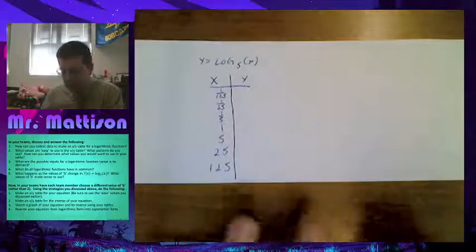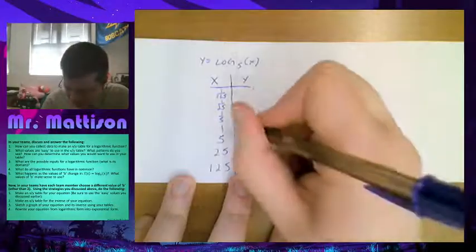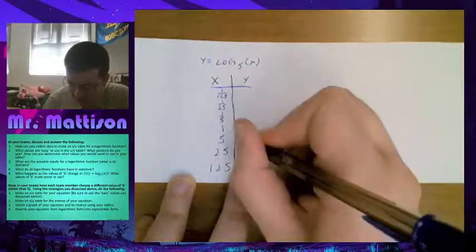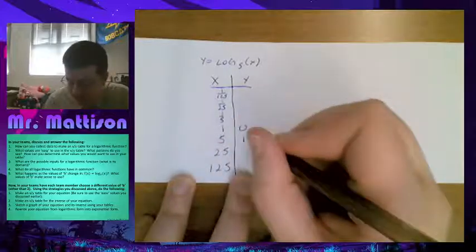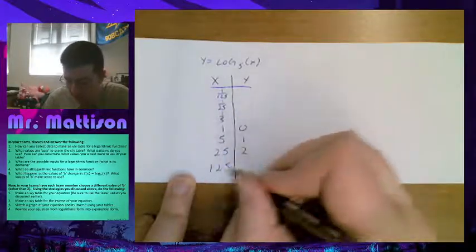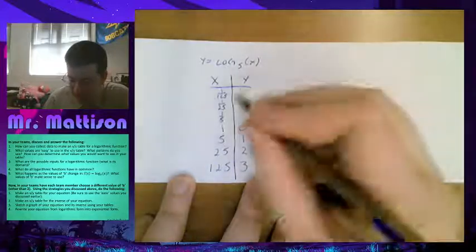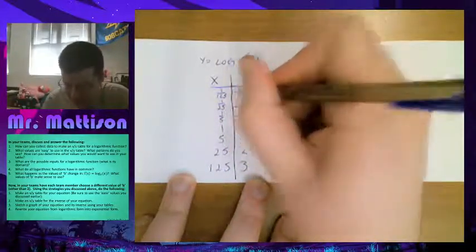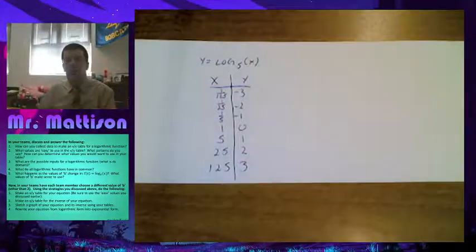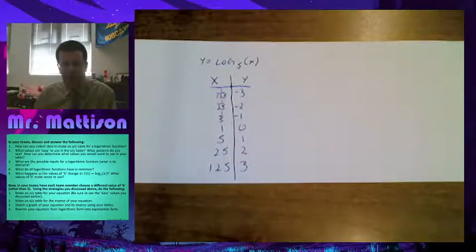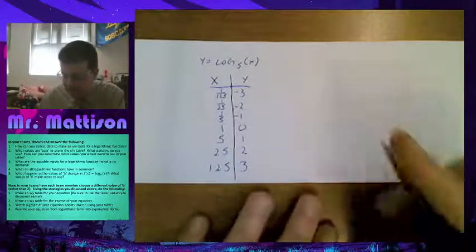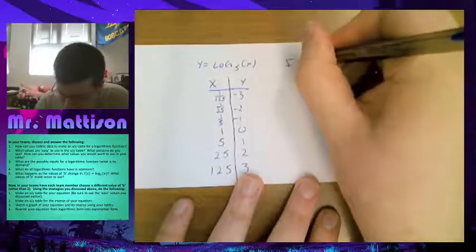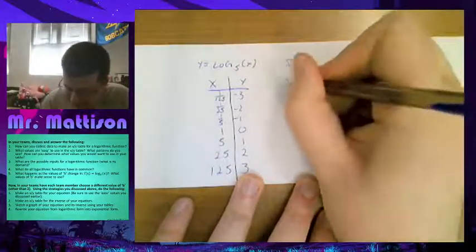Now the y's which correspond, well, I get 1 from taking 5 to the 0 power. You get 5 from 5 to the first power, 25 from 5 to the second power, 125 from 5 to the third power. And I get these fractions by just the negative powers of those same things. So that would be my table for log base 5 of x. And I could plot all of those and see what it looks like. So now for my inverse, I'll do f inverse of x for my inverse.